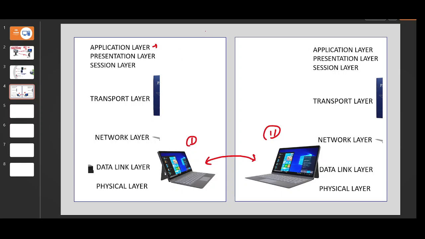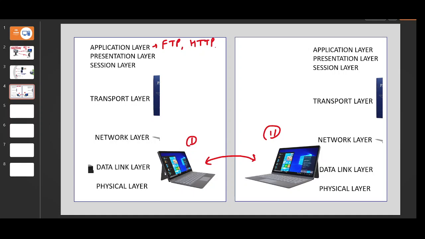Now, if there are many applications available on your devices, suppose Google Chrome, Internet Explorer, and you delete these, then you cannot communicate, because there are services. If you want to transfer a file, then you need FTP. If you want to access a web page, then you need HTTP.